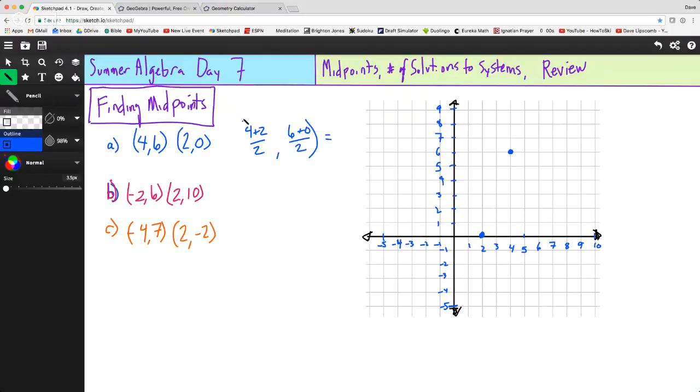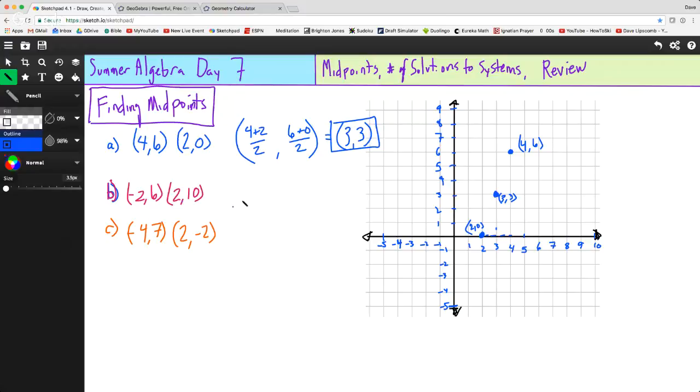So that equals (3, 3). That looks about right. It's the midpoint of our x's, and it's the midpoint of our y's. So this was (4, 6), the midpoint is (3, 3), and our other point is (2, 0).